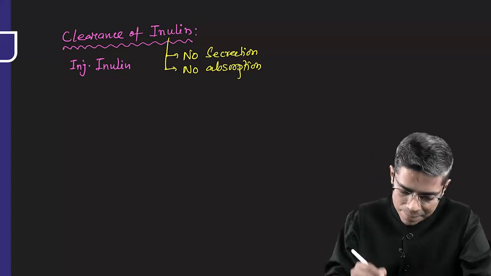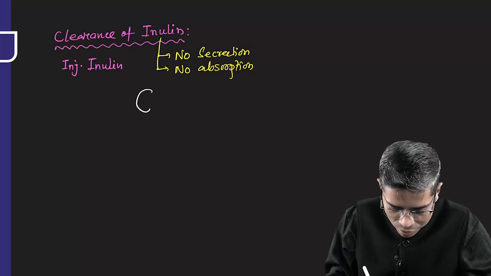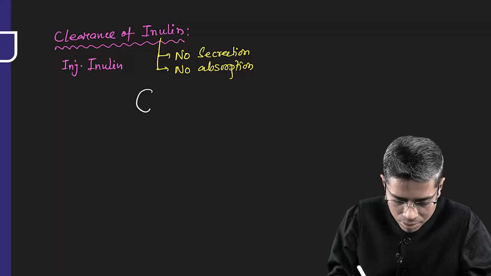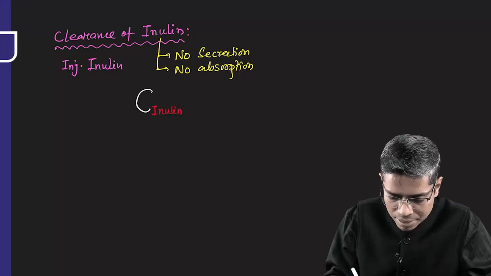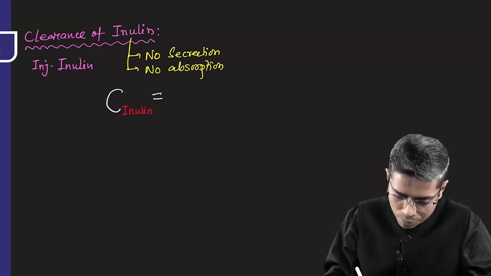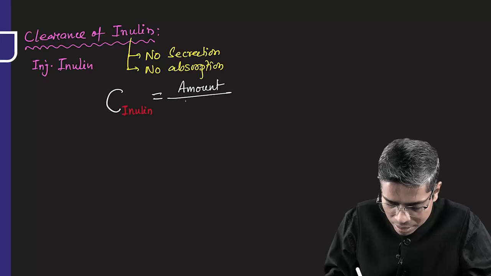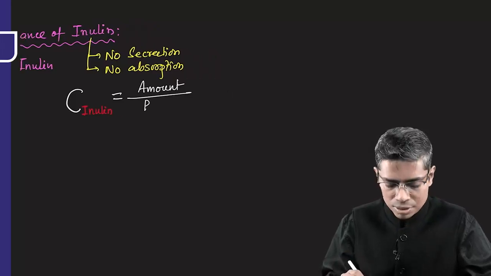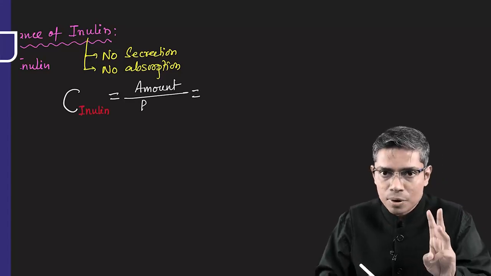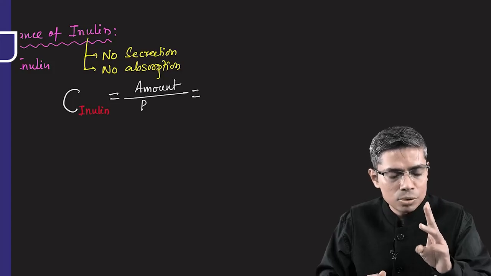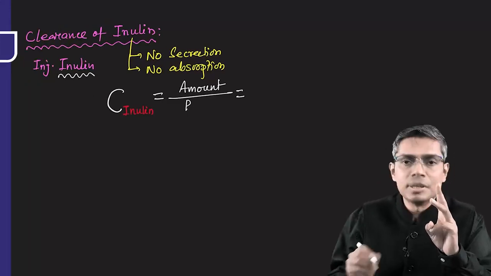So now if I apply my concept of clearance in the case of inulin, the clearance of inulin is equal to, I told you the formula, urinary amount upon your plasma concentration. Just now we have understood that urinary amount is from three basic processes, but within those three, which process is going to happen in the case of inulin?